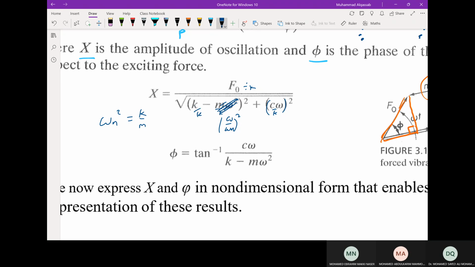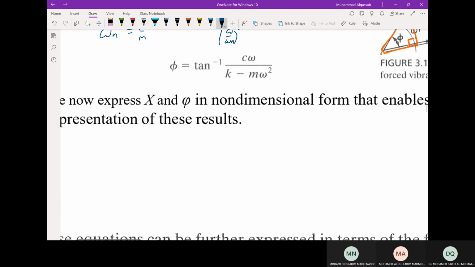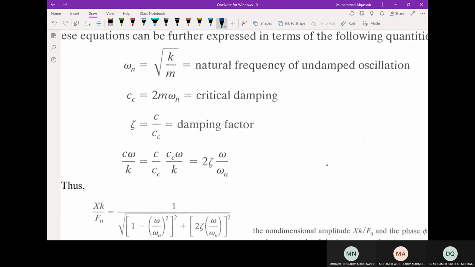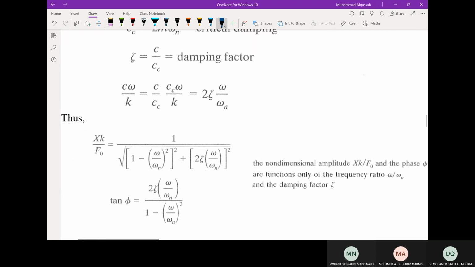And C omega over K, we will see how we can do that. So we know that omega n is square root of K over M. Cc is 2m omega n, which is the critical damping coefficient, and zeta is C over Cc, the damping factor or ratio. And we have in the equation of X, C omega over K after we divide by K. So we multiply by Cc and divide by Cc.